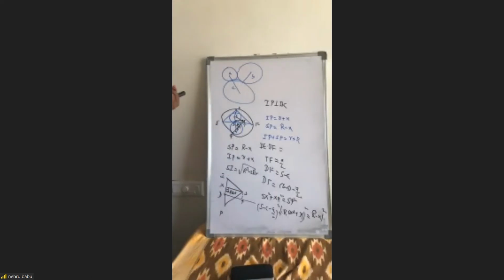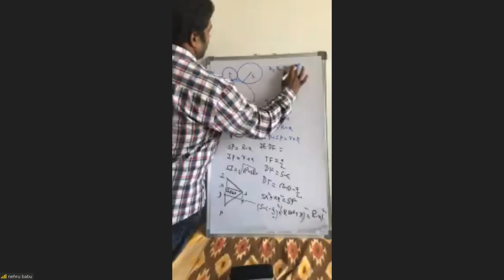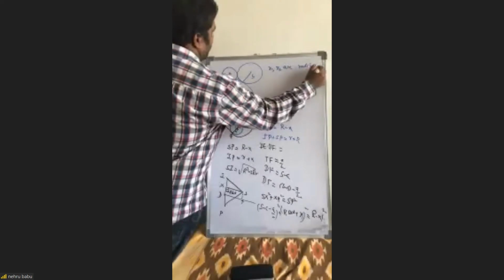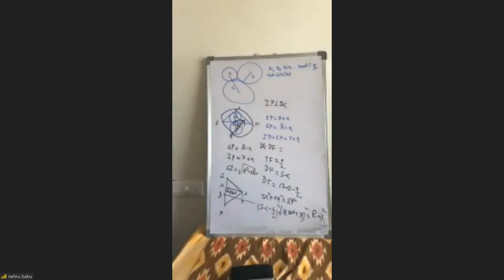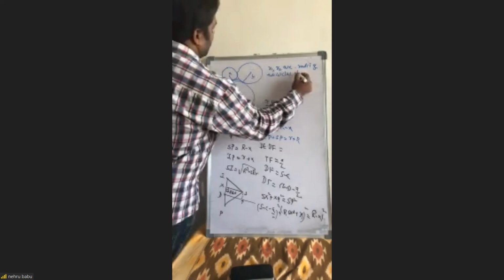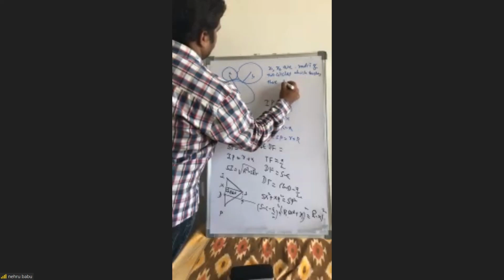A, B, C are radii of three circles which touch one another externally, and R1, R2 are radii of two circles which touch these three circles.